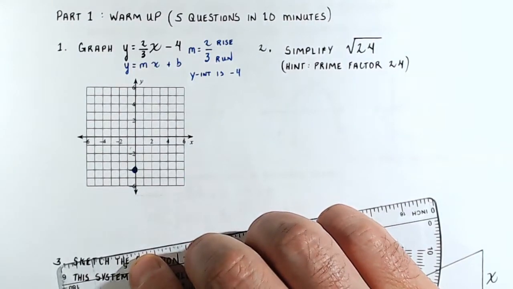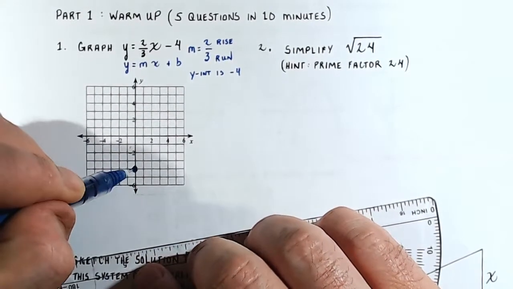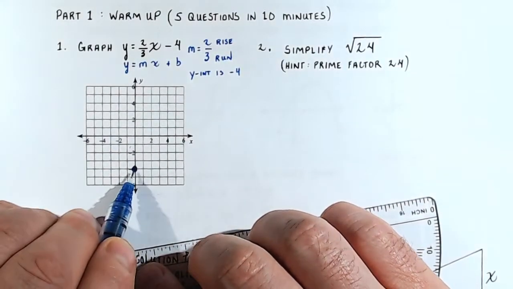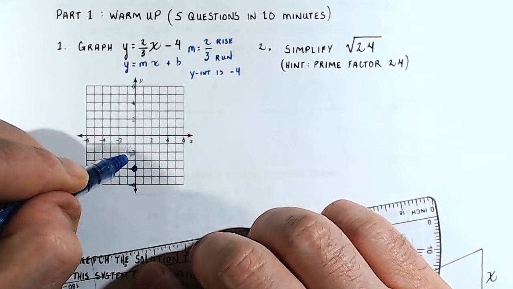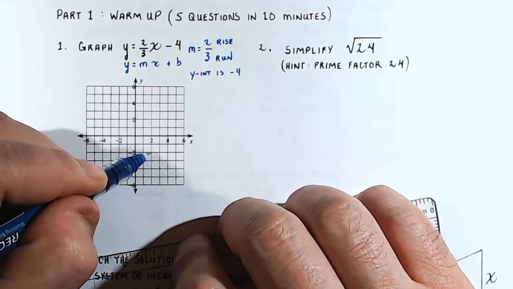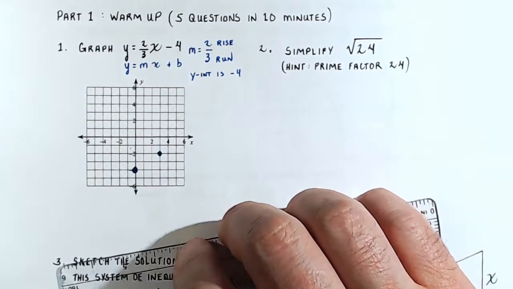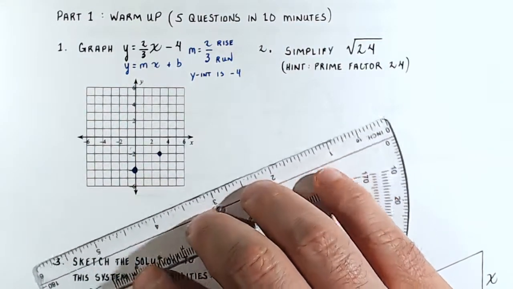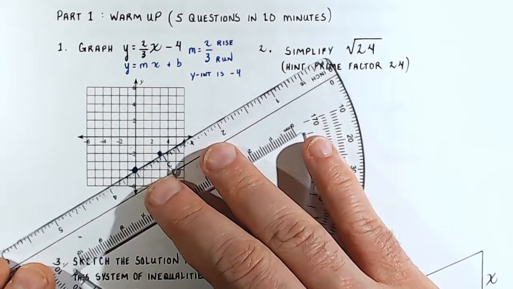And now I'm going to use the rise over the run to find another point. So starting at this y-intercept with my pen, I will go up 2, 1, 2, and then to the right 3 spaces, 1, 2, 3. And I'll put a dot right there. Now that I have 2 points on a coordinate plane, I can connect them with a straight edge.